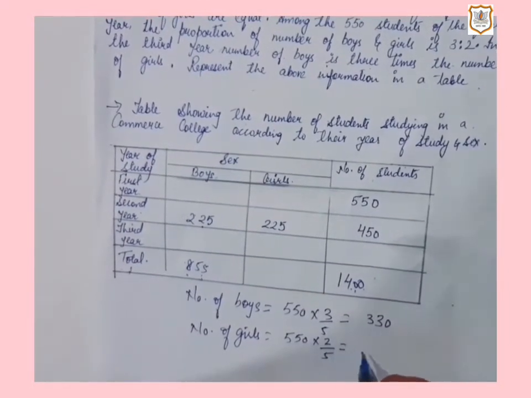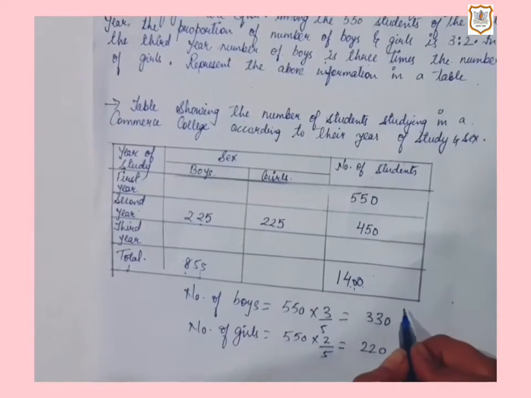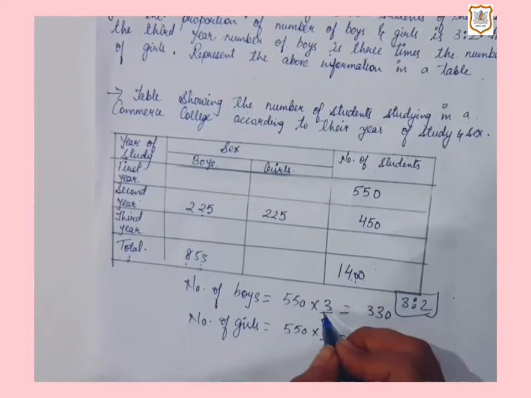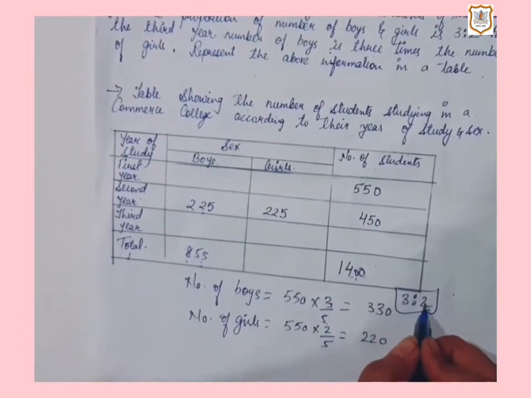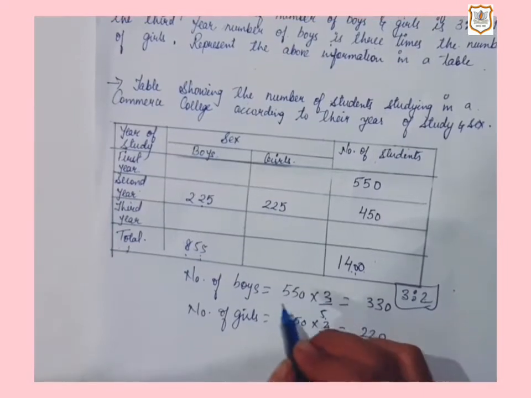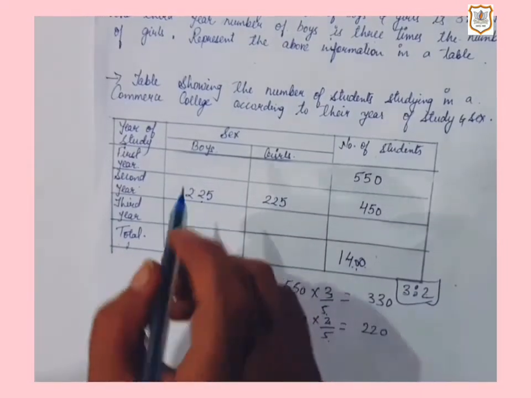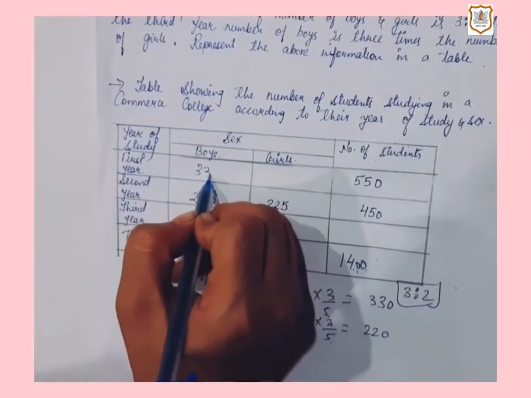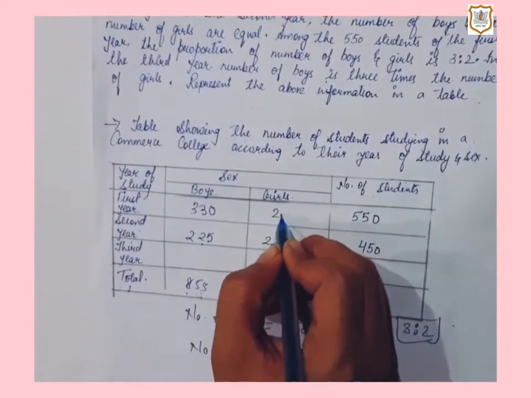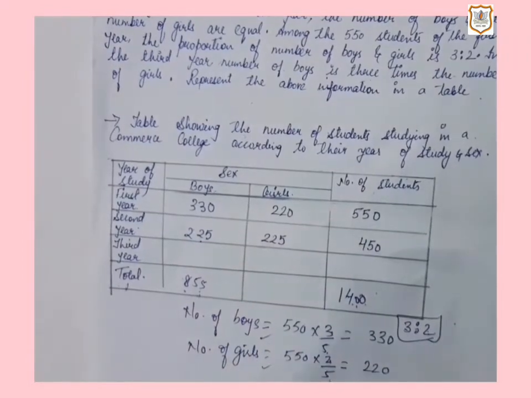That will give you 220. As the proportion is 3:2, so 3 plus 2 is 5. So here 3 by 5 and girls 2 by 5. So this way we have taken out the number of boys and number of girls. So in first year the number of boys are 330 and number of girls is 220.